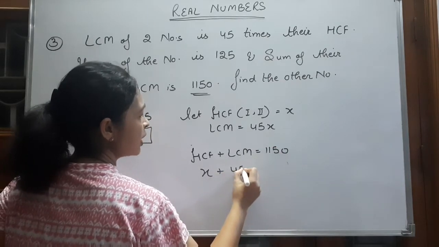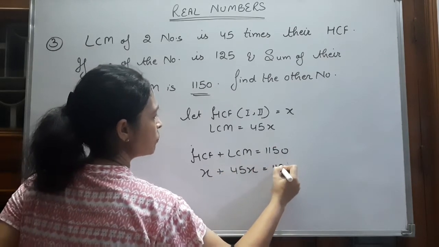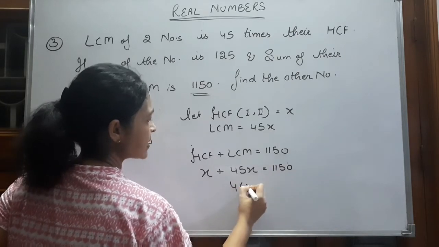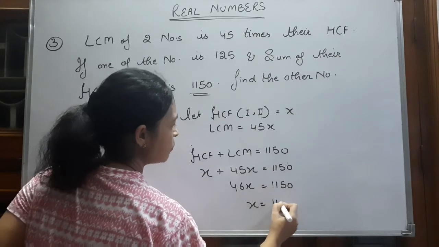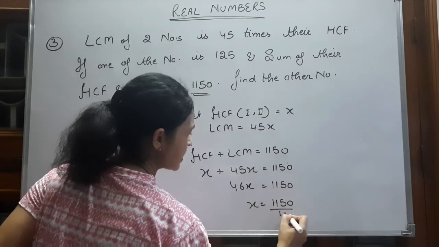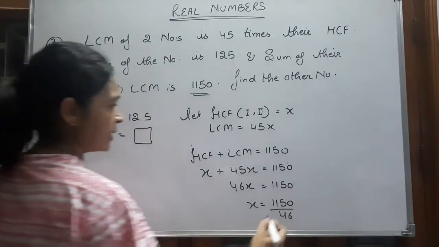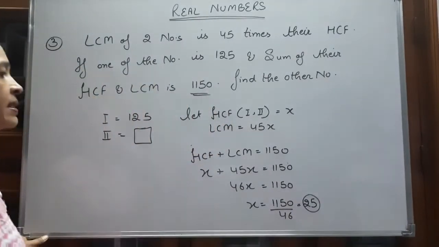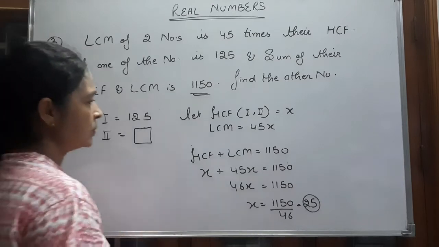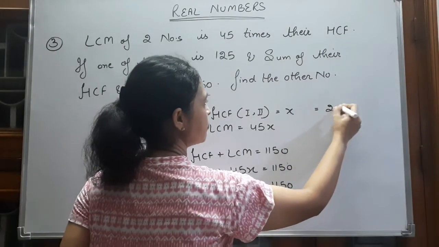So x plus 45x equals 1150. 46x equals 1150 and x equals 1150 by 46. What we will get? 25. Now x is 25. So our HCF is 25.